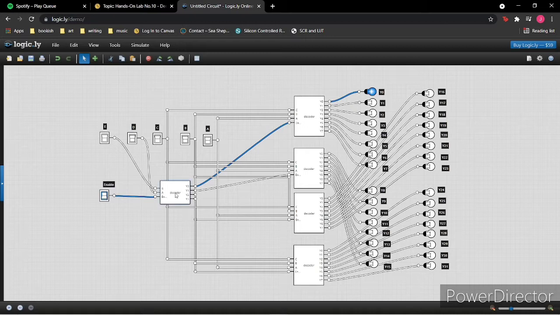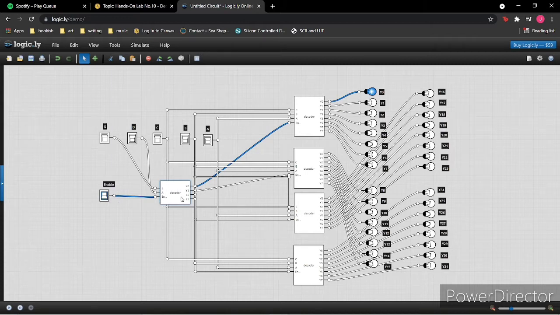For the 2 to 4-bit decoder, the A and B serve as the D and E inputs and the enable for the enable output switch.